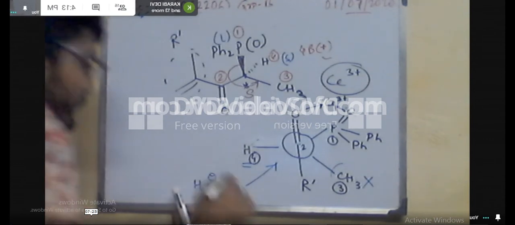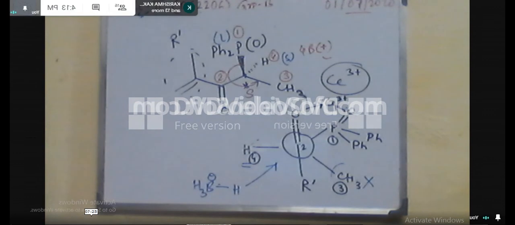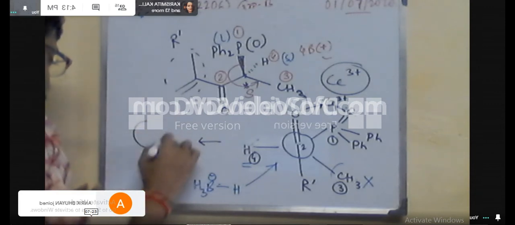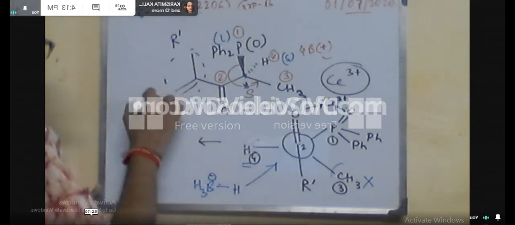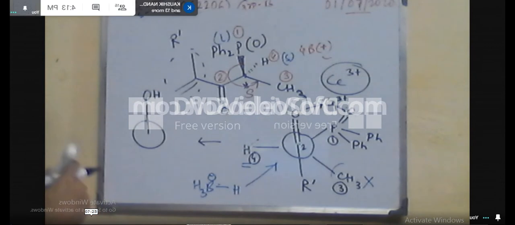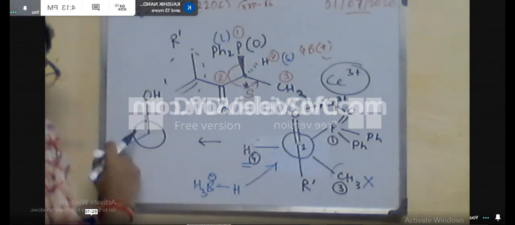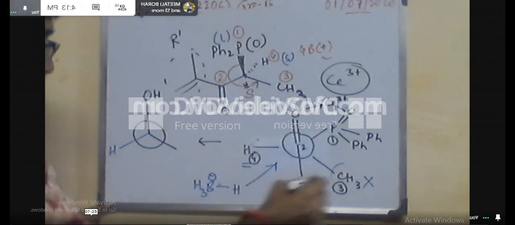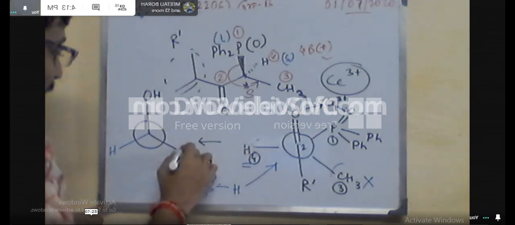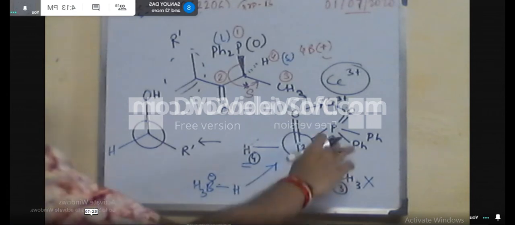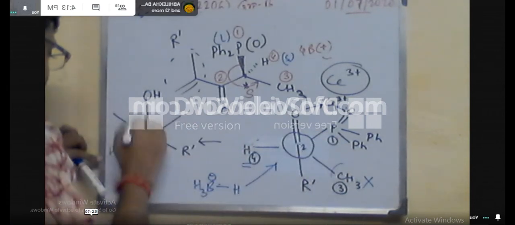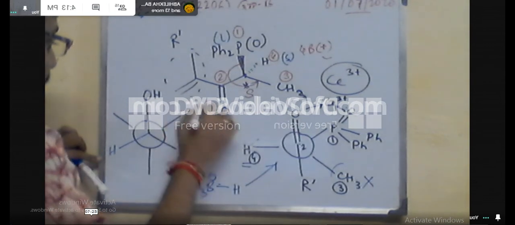Now the rotation of the rest of 3, that is 1, 3, 4, is clockwise rotation, so the configuration is R. In the previous case you got the configuration S, but here you get the configuration R. So this is just the anti-product of the normal Cram model. By applying the chelating group, you are getting the opposite product, that is the Cram's chelate model product.